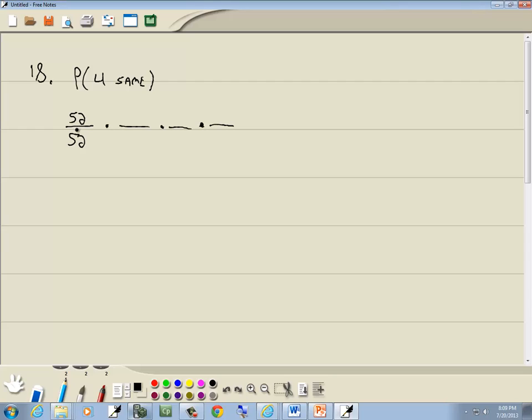Now, imagine that what I picked was a 3 card. Well, without replacement means this will now be down to 51. And for this to be true, where they all have to be the same, I have to pick a 3 card here also. Well, I already pulled one of them away here, which means there's only 3 of them left. Then this one will be 50, and then there's only 2 of them left. And then this one will be 49, and there's only 1 of them left.